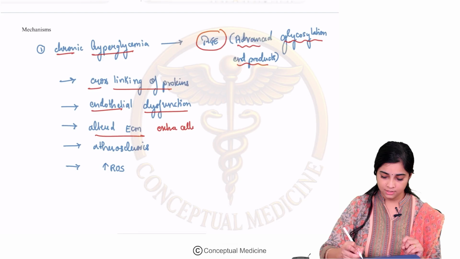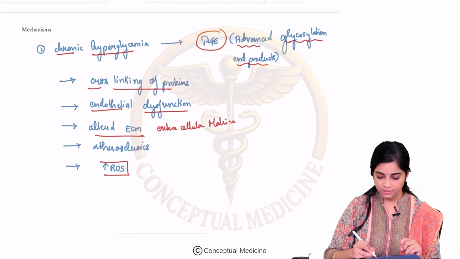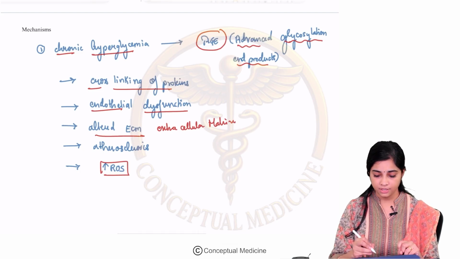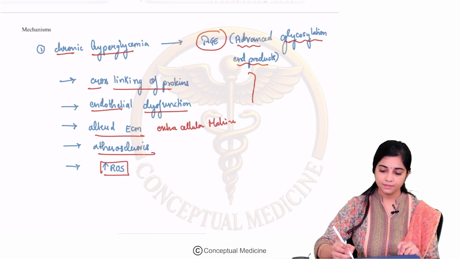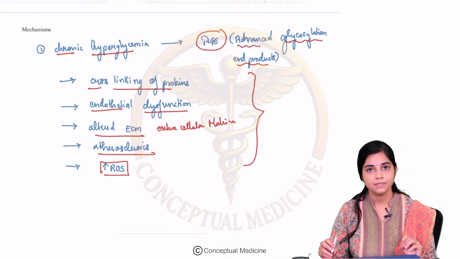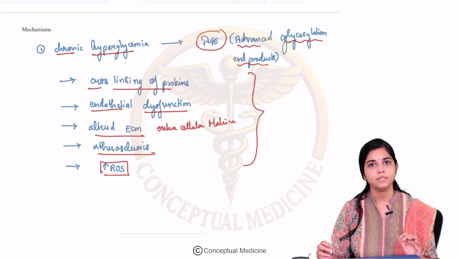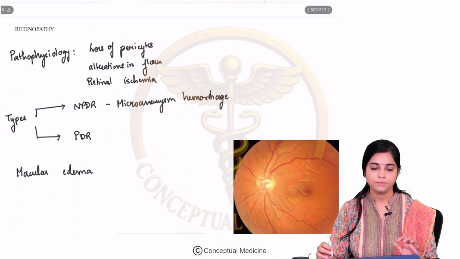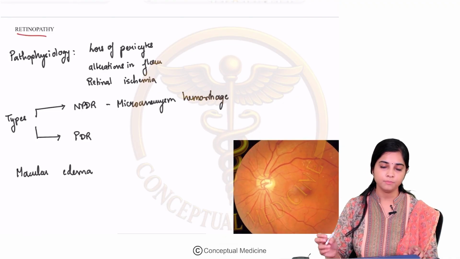It also causes an increase in reactive oxygen species and promotes atherosclerosis. Okay, so these are the ways in which advanced glycosylation end products can result in varied complications.